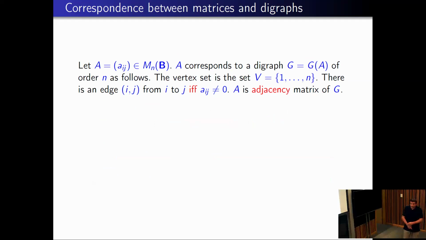So there are several ways to pass from matrices to graphs. And here I will be using vertex-to-vertex matrices. Sometimes they are called adjacency matrices.